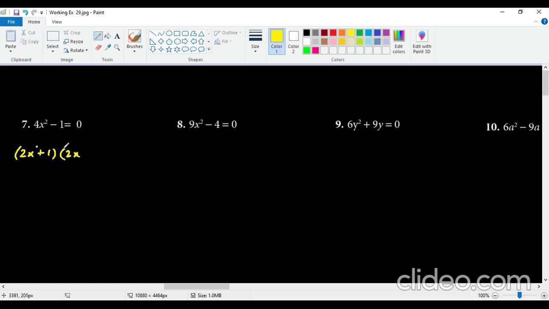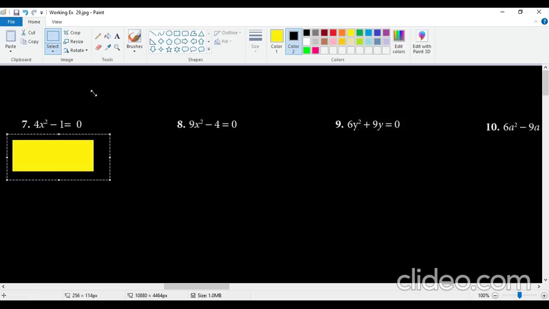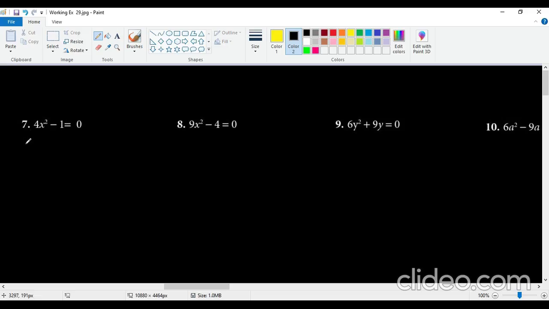To make it easier to understand, I write it as 2x whole square minus 1 whole square.